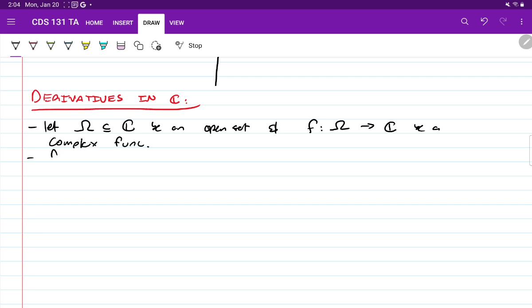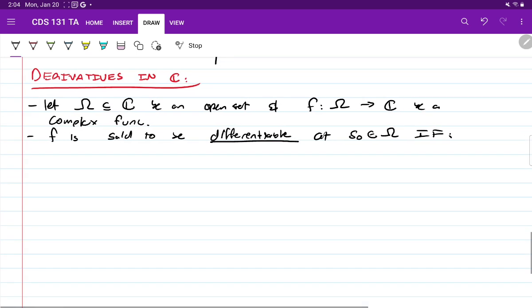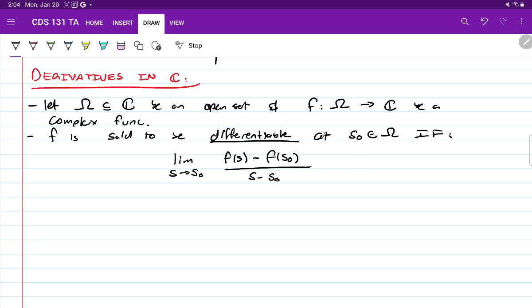Okay, so f is said to be differentiable at some fixed point s naught in omega if the following limit exists: the limit as s approaches s naught of f of s minus f of s naught over s minus s naught exists.